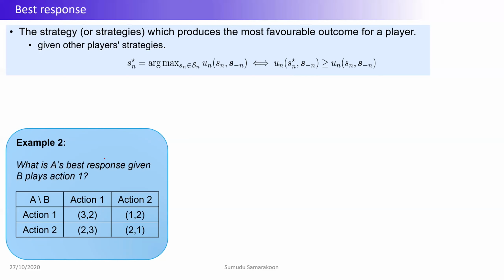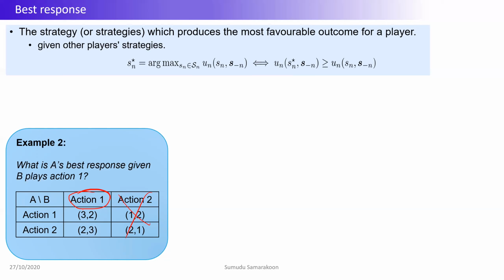Now, what could be the best response given B plays action 1? So B plays action 1, and basically we are not interested in this part, right? Now A has two actions. You can see if A plays action 1, he will be rewarded 3. If he plays action 2, he will be rewarded 2.